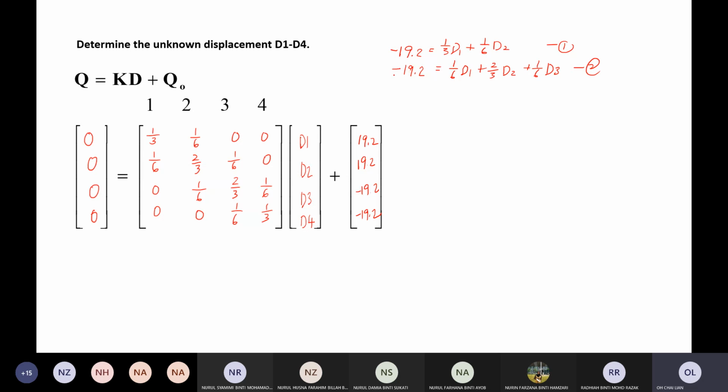Then we move to the third: 19.2 equal to 1/6 D2 plus 2/3 D3 plus 1/6 D4. Then the last one will be 19.2 equal to 1/6 D3 plus 1/3 D4. Okay, may you check?